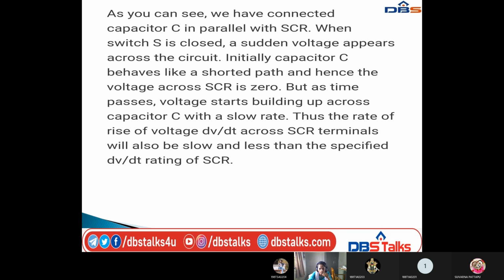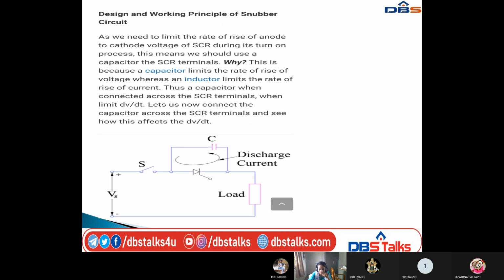Here we have to see the diagram. We have provided a switch and the SCR, and a capacitor will be connected. Whenever the switch is closed, at the start the capacitor will not conduct, so the voltage across the SCR will be 0.